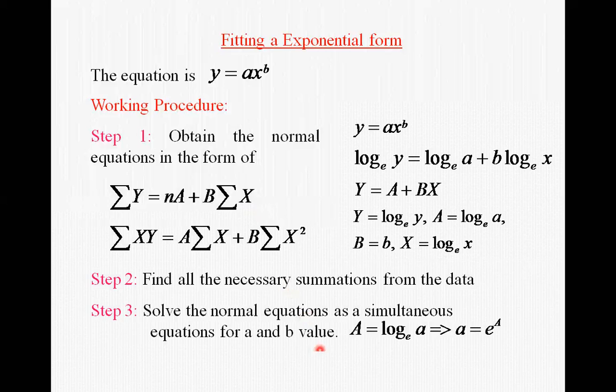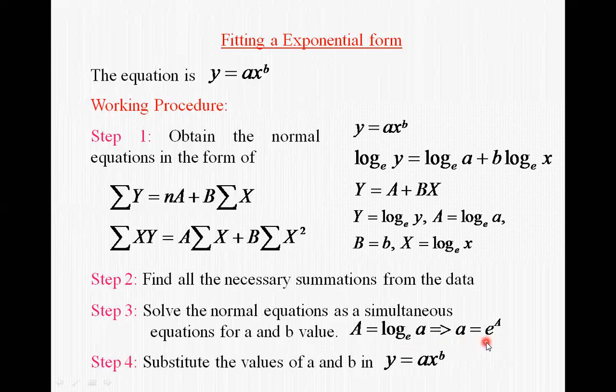Step 3. Solve the normal equations as simultaneous equations for A and B, where capital A equals log a to the base e, so a equals e power capital A. Step 4. Substitute the values of a and b in y equals a into x to the power of b.